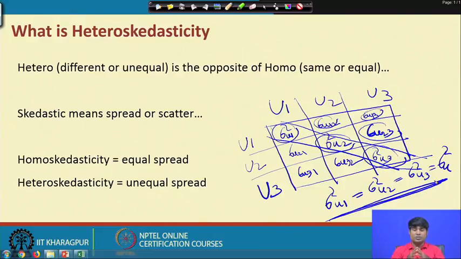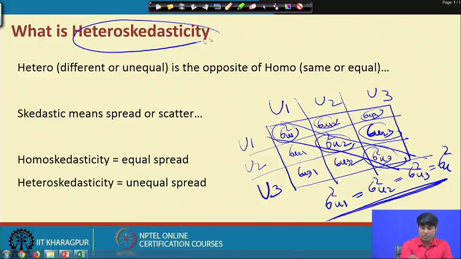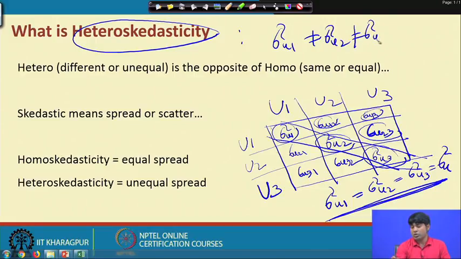Homoskedasticity simply represents equal error variance, and heteroskedasticity simply represents unequal error variance. So if that is not the case, the typical heteroskedasticity will be the case for these 3 error variables, where sigma square u1 is not equal to sigma square u2, not equal to sigma square u3, and by default it will take you to the concept of sigma square u with subscript i. If they are not the same, then they will create a kind of function.